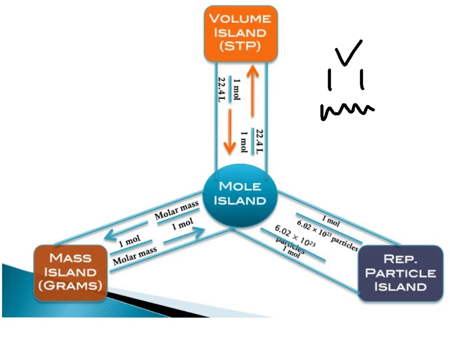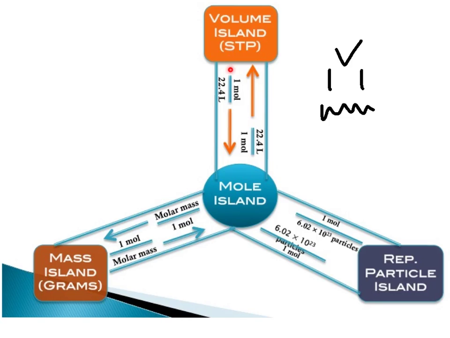So for example, let's say you're on Mole Island and you want to go to Volume Island because you want to take a picture of a waterfall or something. So you will leave Mole Island. What is your conversion factor to leave Mole Island? It's going to be 22.4 over 1 mole, and that can take you to Volume Island.